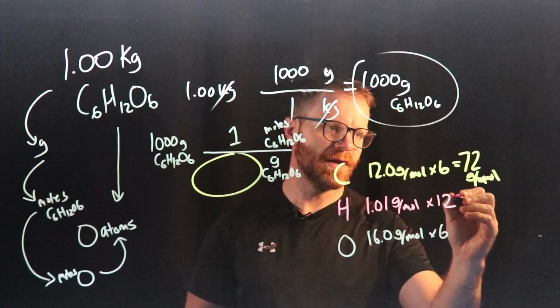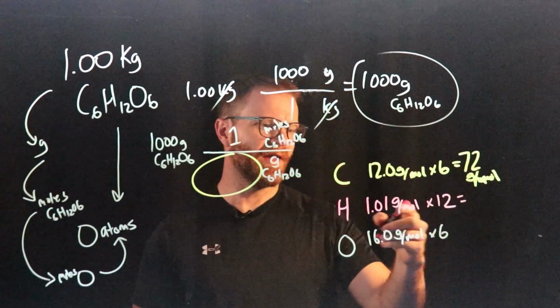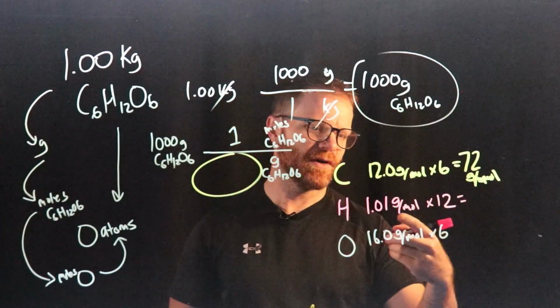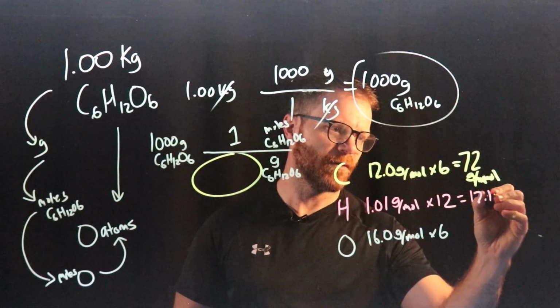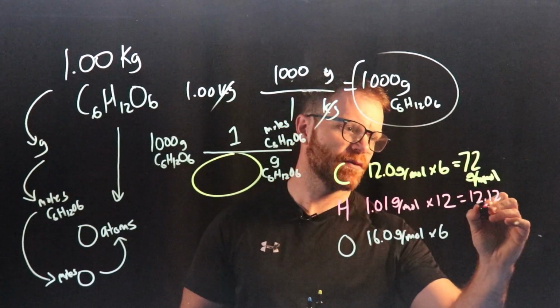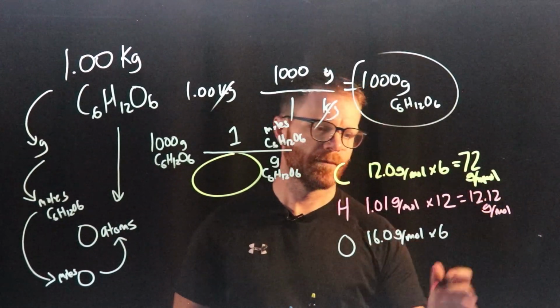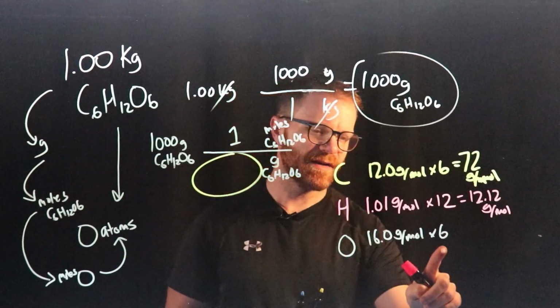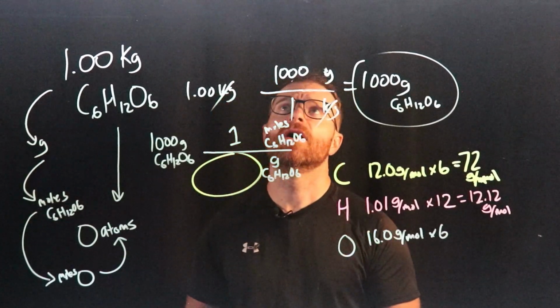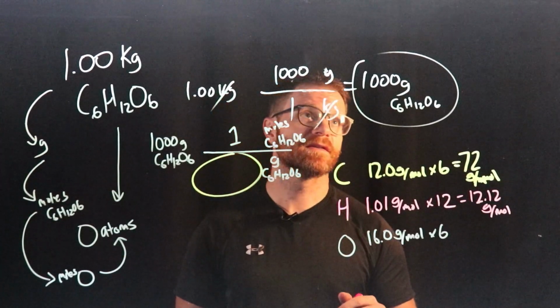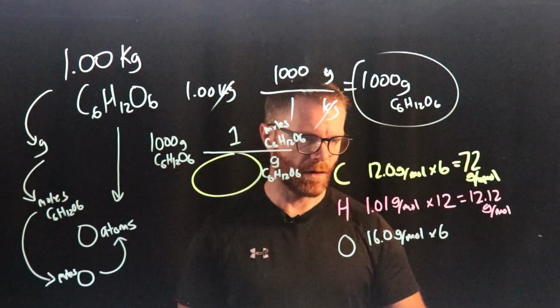Twelve times 1 is 12, but it's also 0.01 times 12, so that's 12.12 grams per mole. And 16 times 6 is, I don't know, 60, 36, 96, right? I hope that's right.